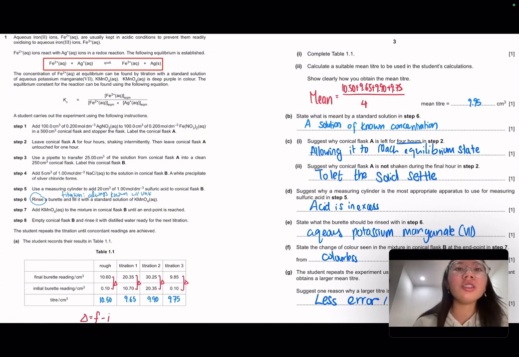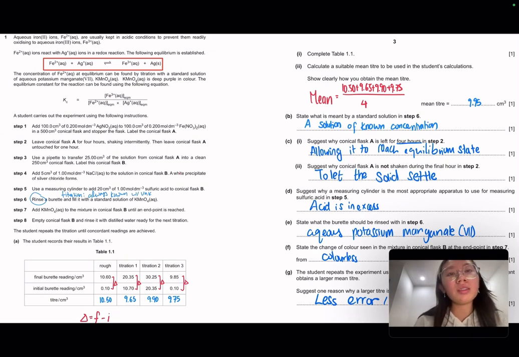Alright, the concentration of Fe2+ at equilibrium can be found by titration with a standard solution. So the standard solution they're referring to is likely to be a solution with a known concentration because, again, for titration, you can't perform an unknown concentration of solution with an unknown concentration of solution. That's not possible. You perform known with an unknown.